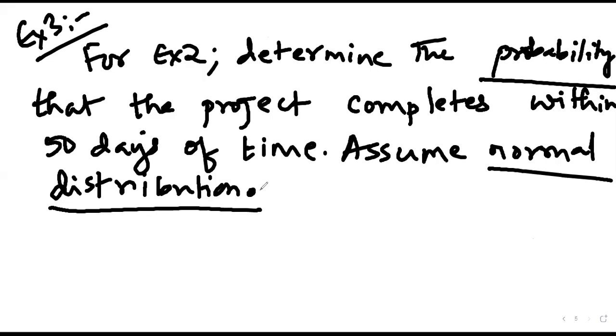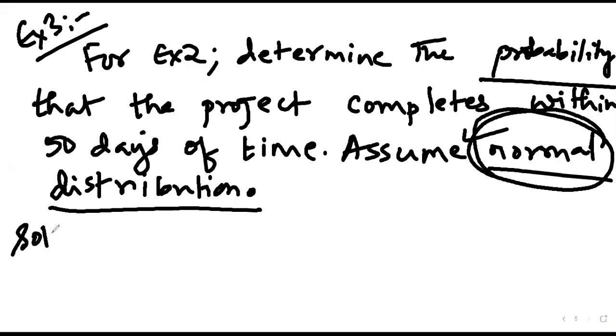For this type of problem, we are always supposed to apply the normal distribution, even if they do not give the assumption that the project duration is normal. Even then we use the normal distribution to solve this problem. Let us start with the solution.